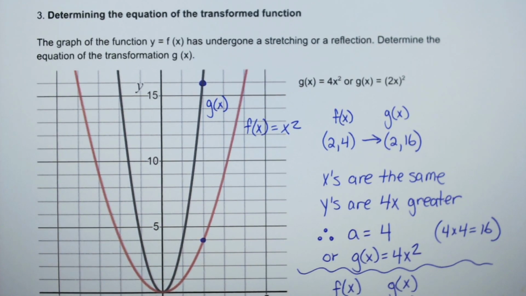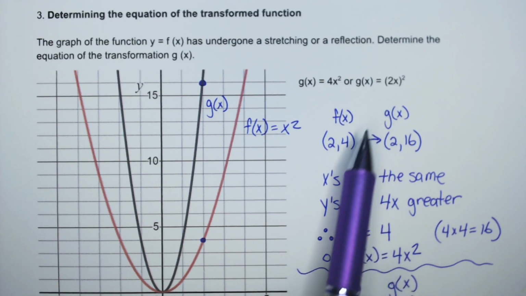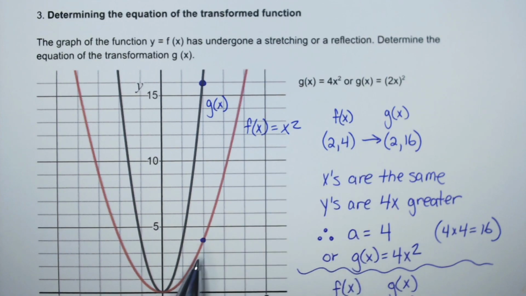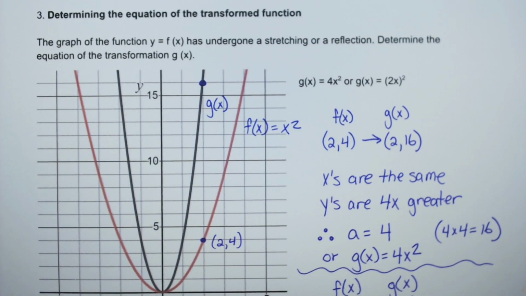Now we can figure it out in relation to the y values, and we can also figure it out in relation to the x values. So I'll give you the explanation with the y's first. That's why we have two different explanations here and the different notation. So if you look on the original graph f of x, we're going to be using this point here, which is (2, 4).